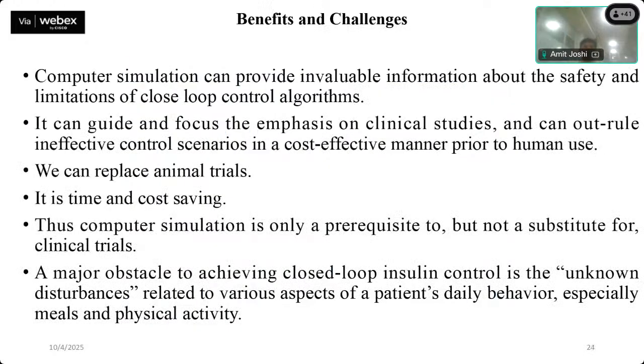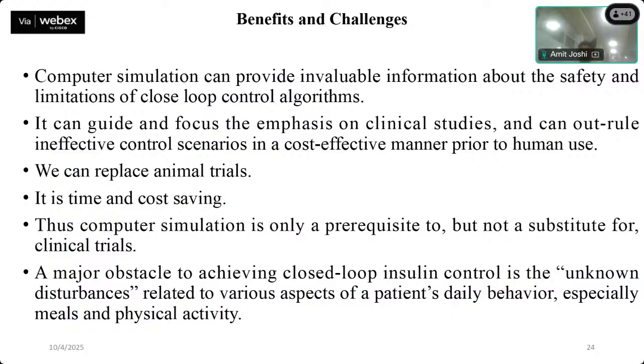Okay. So what are the benefits and challenges of this in silico simulator? Computer simulation can provide invaluable information about the safety and limitations of the closed loop control algorithm. It can guide and focus the emphasis of the clinical study and can weed out ineffective control scenarios. With in silico, we can actually avoid animal trials and prove our hypothesis.